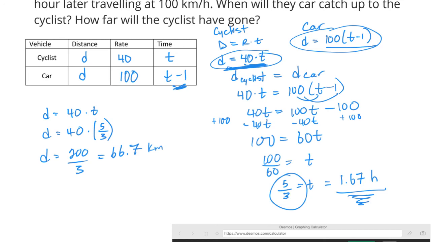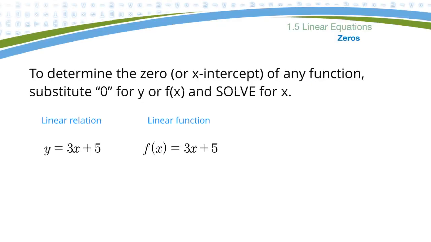I like that question. So now let's turn our attention to the last concept for the day, and that's zeros. A zero for a function or for a relation is the value of x when y or f of x is equal to 0. And we can do that with these linear relations and linear functions down here.